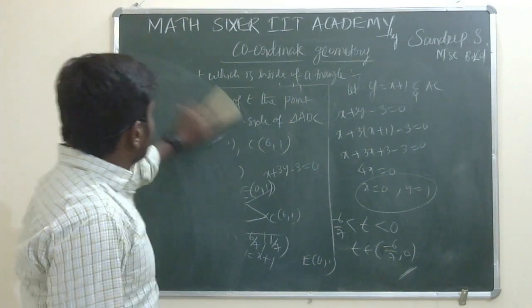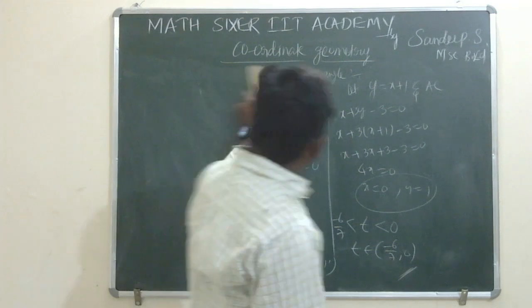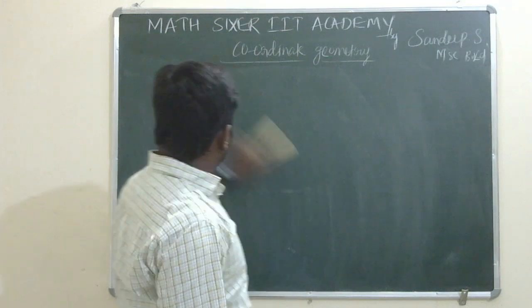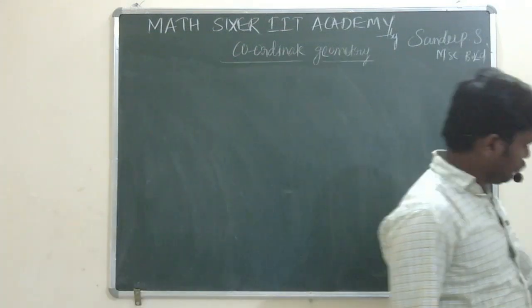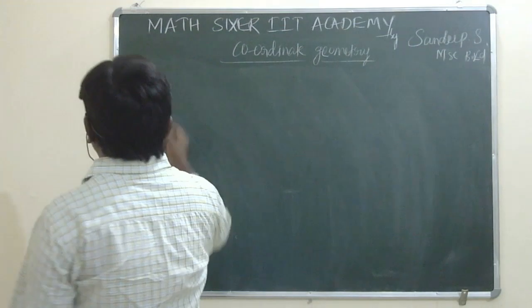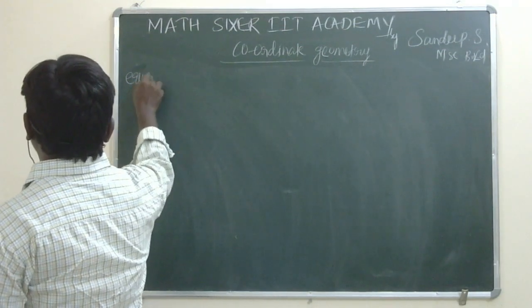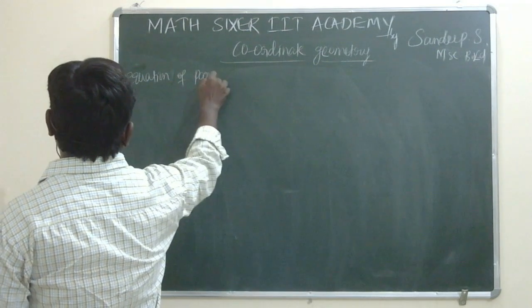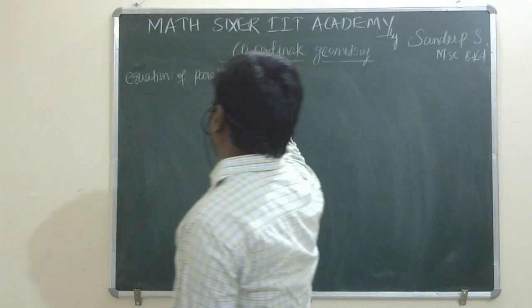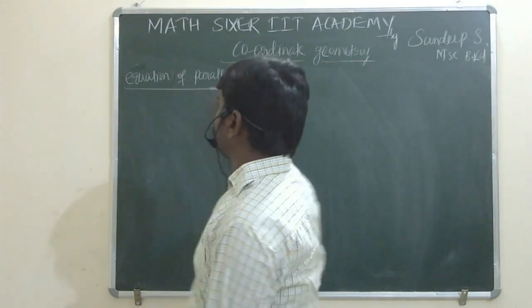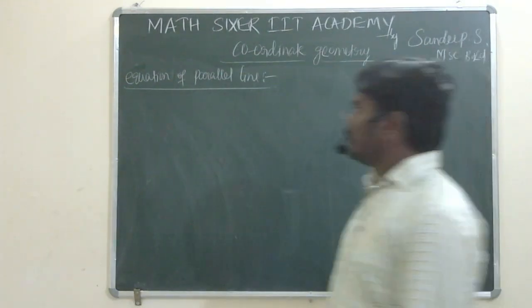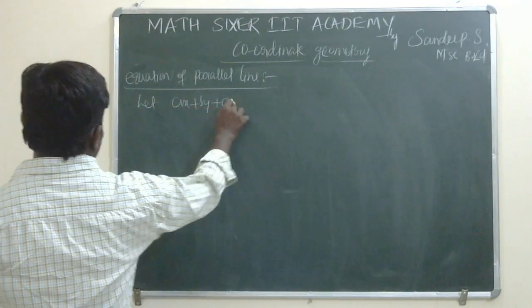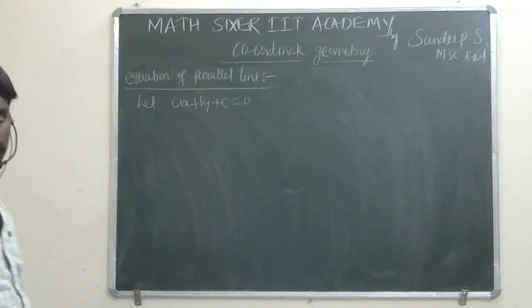Now, equation of a parallel line. First of all, I am taking ax plus by plus c is equal to 0. This is a straight line equation.